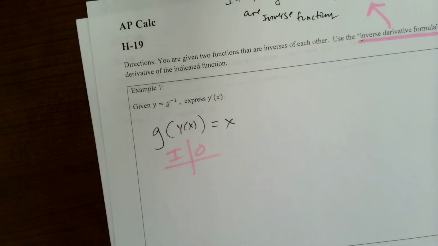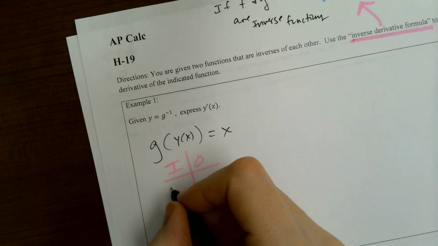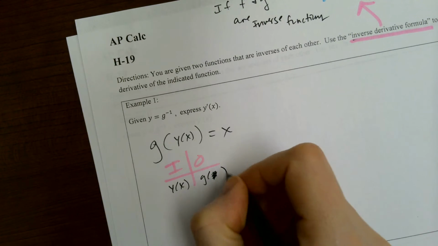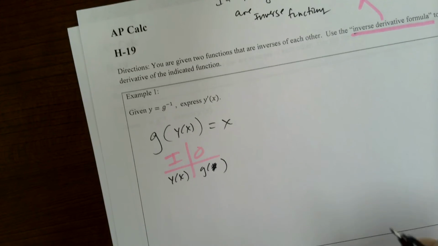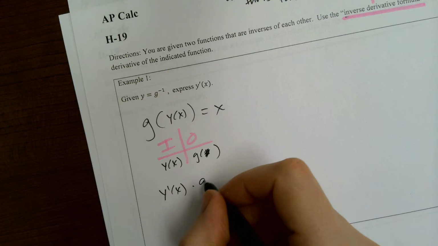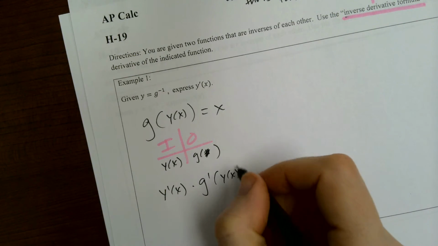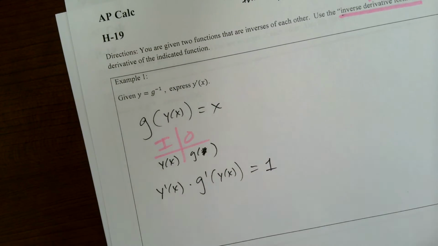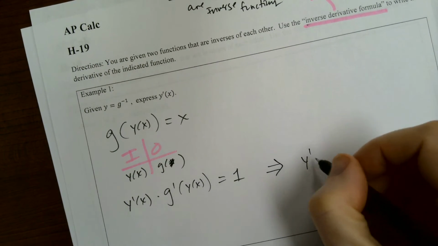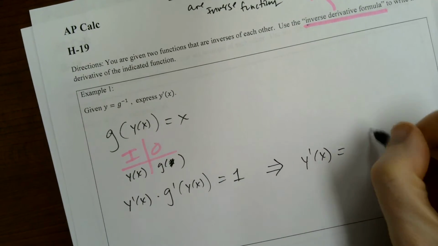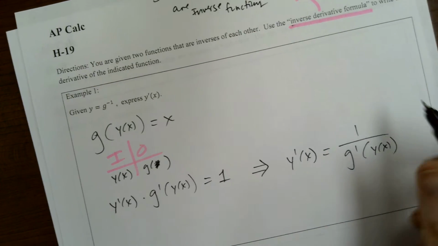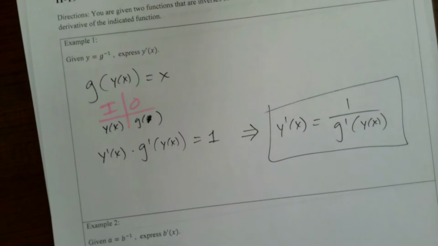Okay, g of y of x, and then y prime of x times g prime of y of x. The derivative of x is 1. So you'll get y prime of x equals 1 over g prime of y of x.